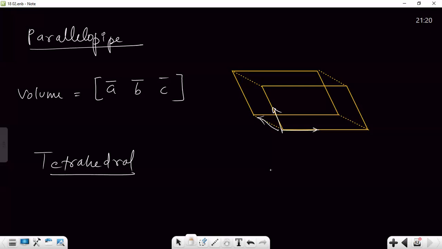Let me show you the diagram of the tetrahedron first.